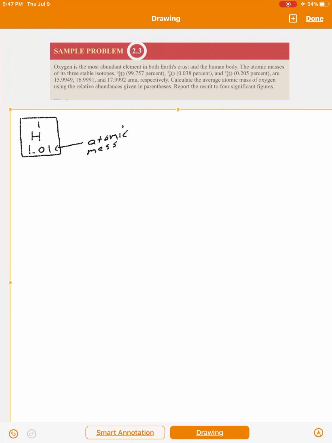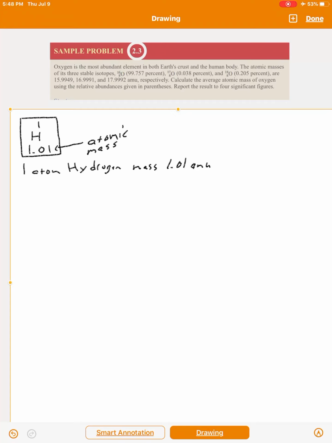The atomic mass is a measure of how heavy one atom of that element is. So when we see 1.01, what that essentially is telling us is that one atom of hydrogen has a mass of 1.01 AMU.